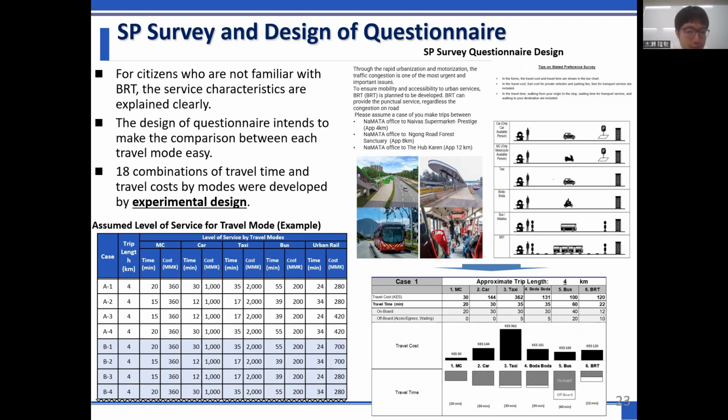Yes, in this figure, trip length is only 4 kilometers. However, the travel times and travel cost might be changed according to the road conditions, like this. And for example, when the BRT is proposed, the travel cost, so-called fare, is not fixed.